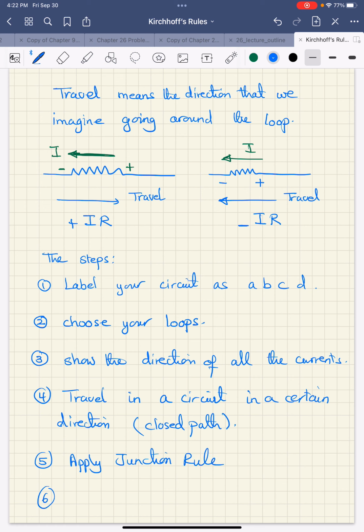Then apply the loop rule. And the last step is to calculate the unknowns. I will show you in the coming video. I hope that I am going to do 2 examples here. Okay, thank you.